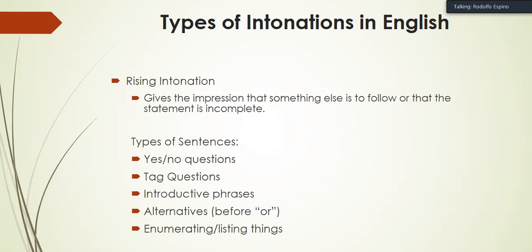It's like rising intonation. You say, oh, something I like, it means something else is coming. Say, oh, something I like is going to the beach and sitting down there just watching the waves. Now I'm dropping the intonation, so you know that I finished the utterance. Okay, but as soon as you keep the intonation up, the person is going to be attentive, waiting for something else to be said.